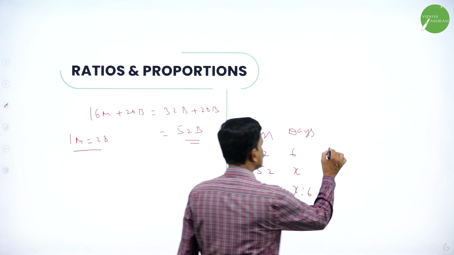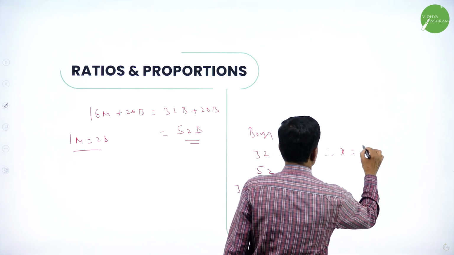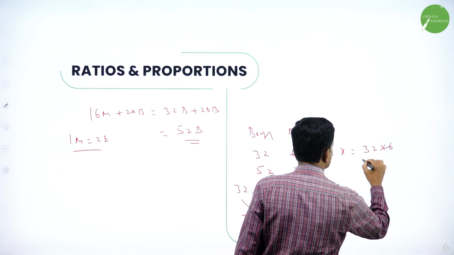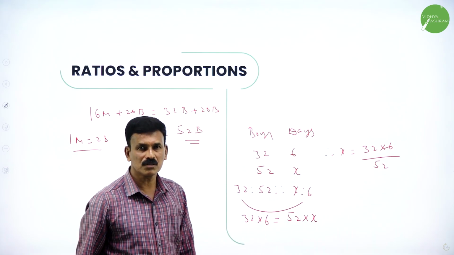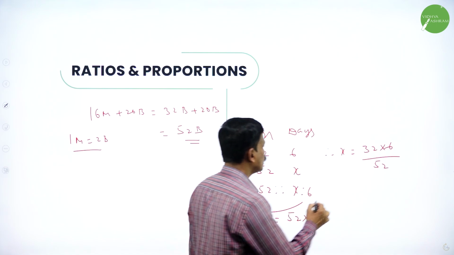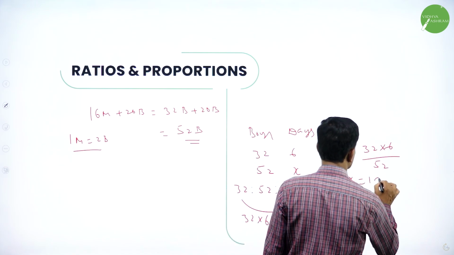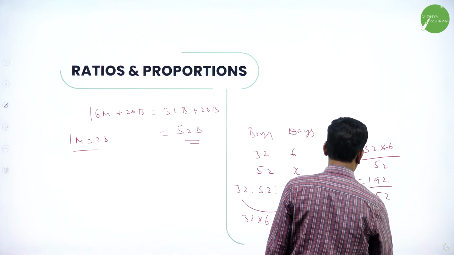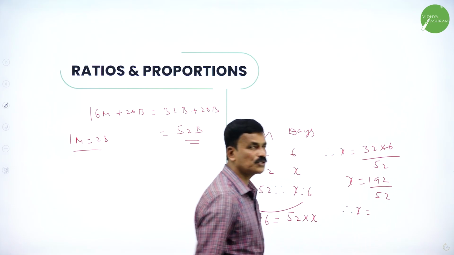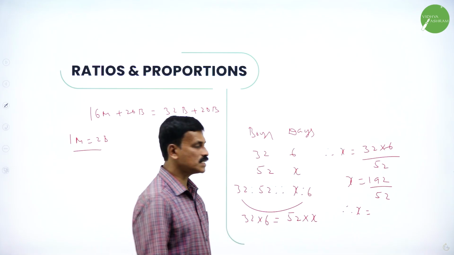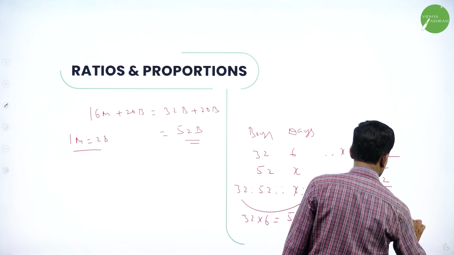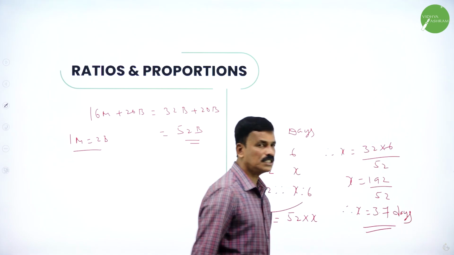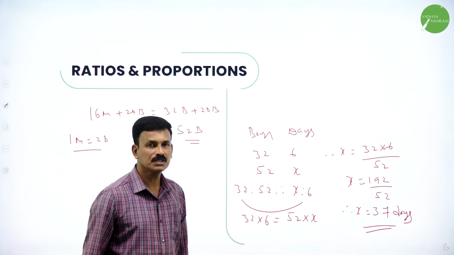Therefore x is equal to 32 into 6 divided by 52. Simplify this, you will get the answer. 192 divided by 52, so x is equal to 192 by 52, which is 3.7 days. So in 3.7 days they can do the same work.